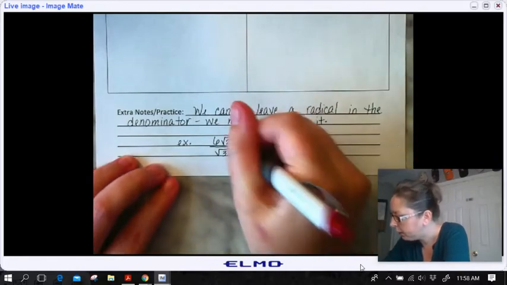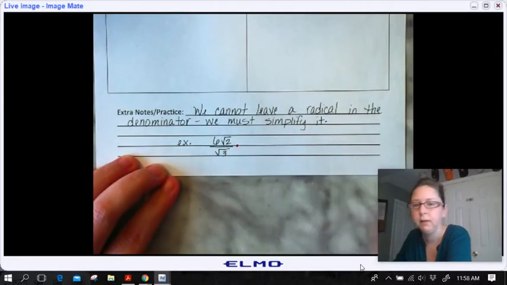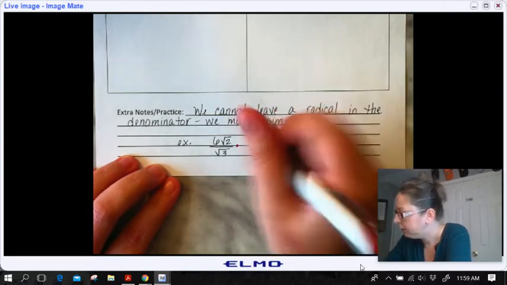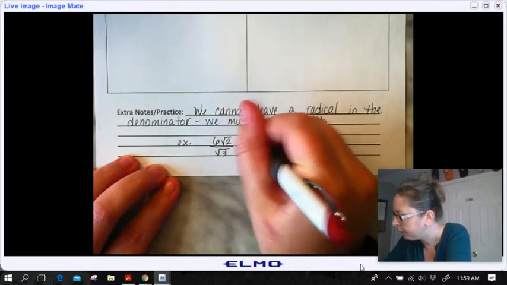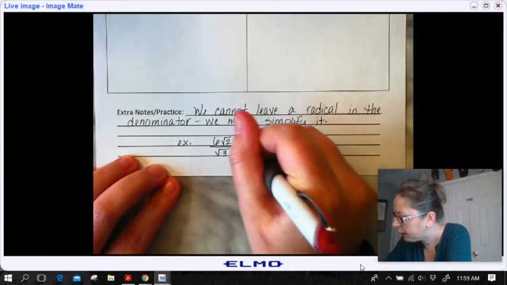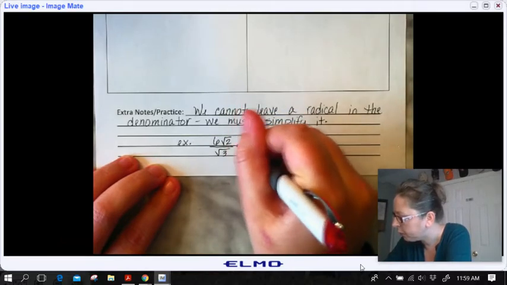We can multiply this by 1, the number 1, and it won't change its value. Just remember that anything divided by itself equals 1, so what I will do here is multiply by the square root of 3 divided by the square root of 3.